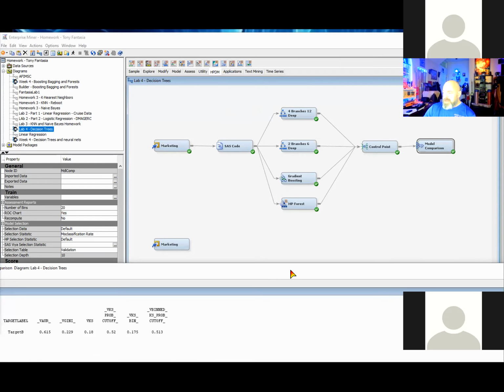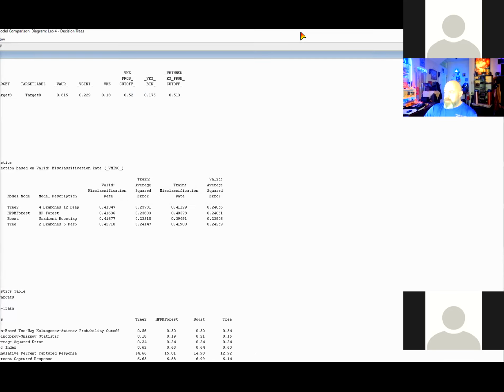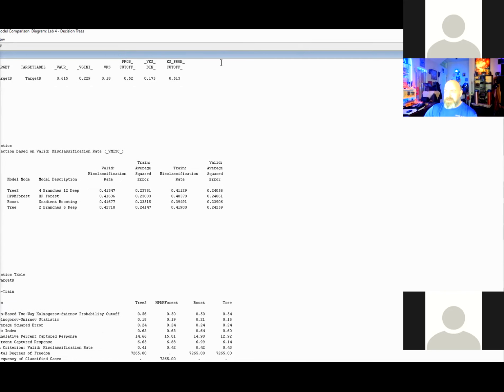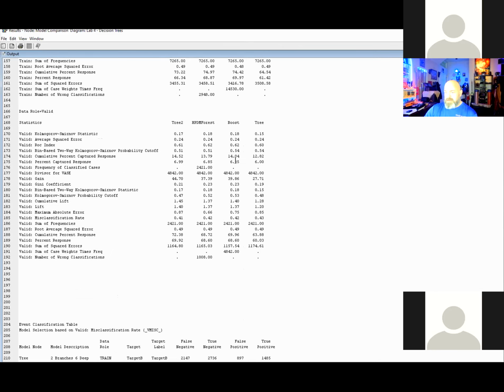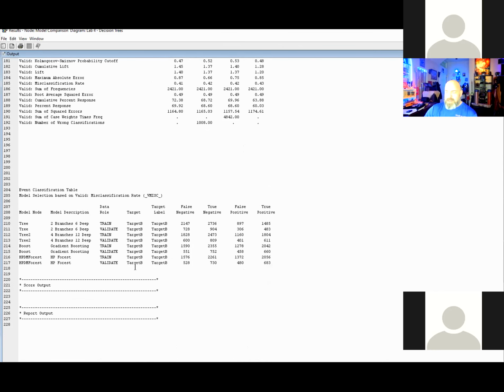So then for number 3, it's asking for the confusion matrix data for HP Forest, gradient boosting, 4 branch 12 deep, and 2 branch 6 deep. So what I did there was I scrolled down. Yeah, right here.